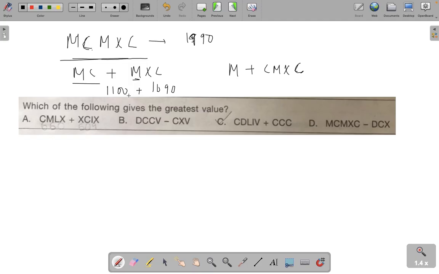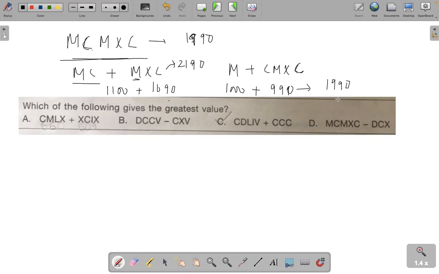So you'll get around 2190 using this approach. Are you getting my point? I just wrote this as 1100 and then 1090. And if I use this, I'll get 1000 plus 900 and 90. You have followed this one, right?